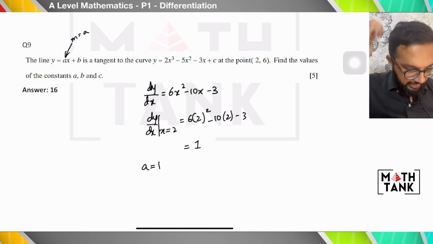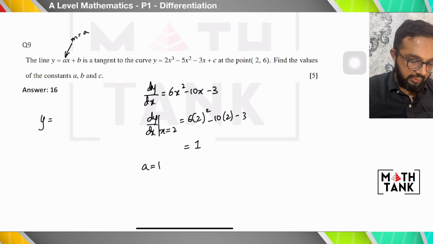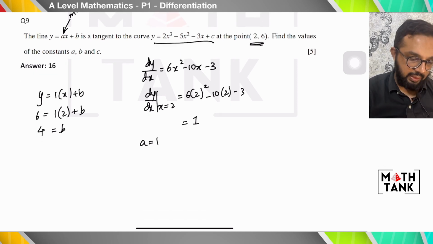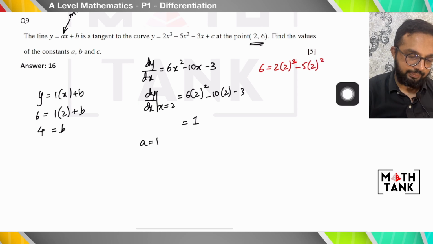Then I can say that if I have this as 1x plus b and the point of tangency is 2 comma 6, this should be 1 times 2 plus b, so b should be 4. Okay, and for c I can just plug in the point directly here and say that this is the point that I need to find.